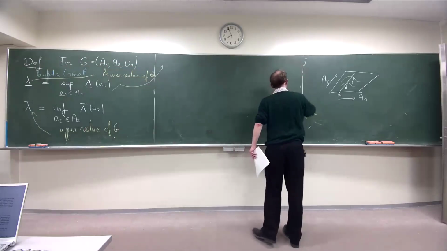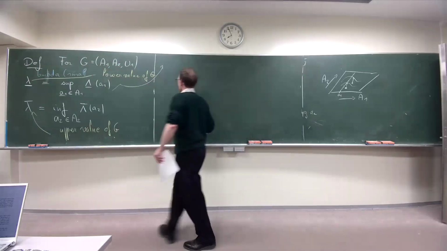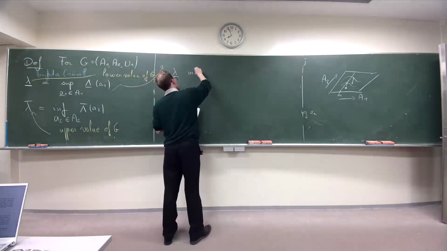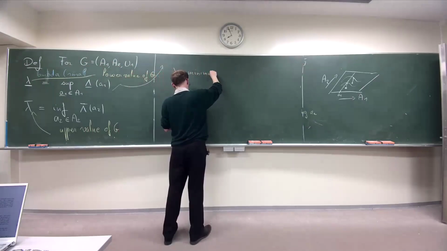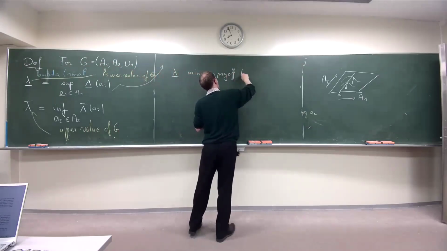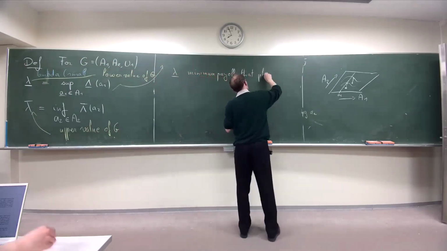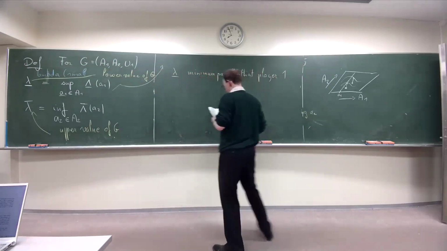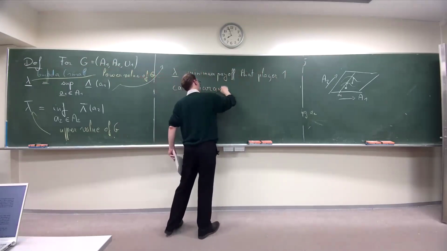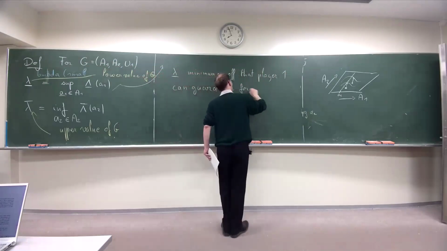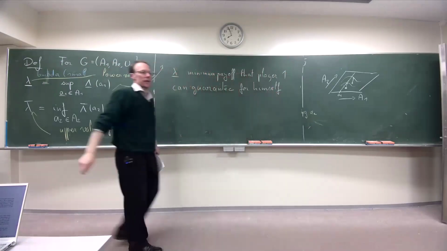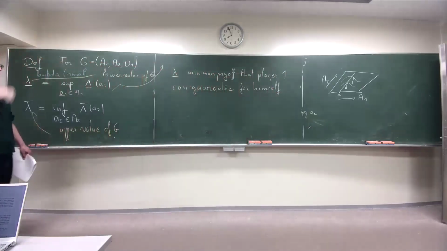If we understand exactly the meaning of lambda underline, it is the minimum payoff that player one can guarantee for himself. So if he chooses the correct A1, he can guarantee this payoff.